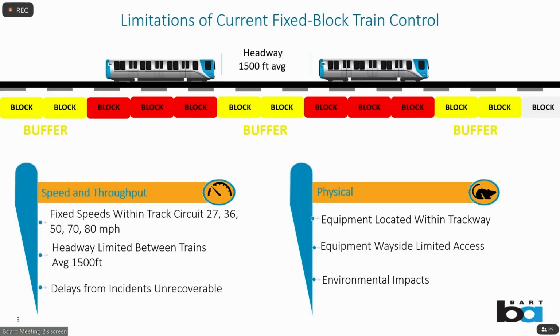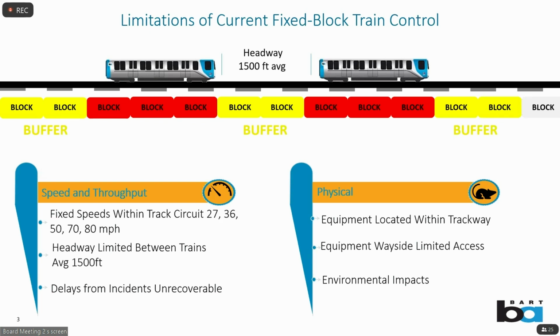So, as you saw in the animation, throughput is limited with the current fixed block system. There are additional limitations to understand with this system. There is no flexibility to change speed codes within the block. The speed codes are also limited to specific speeds, such as 27 miles per hour, 50 miles per hour. These are the only speeds that the trains can go.